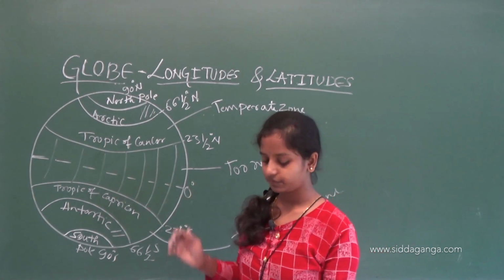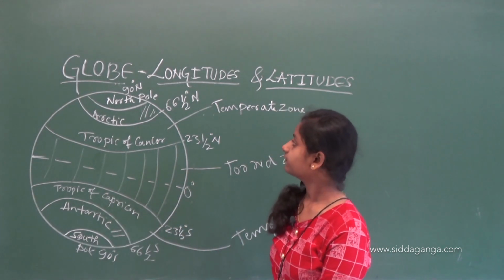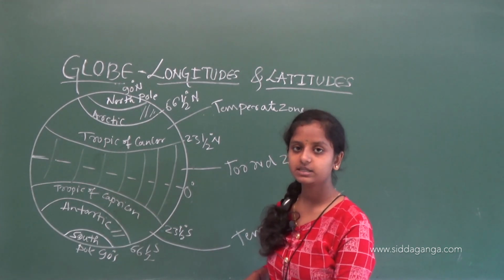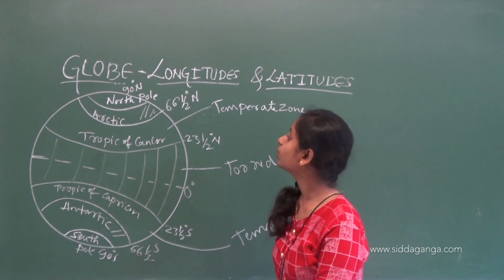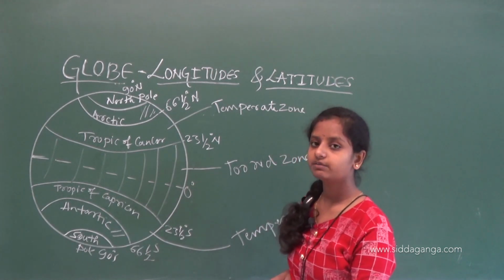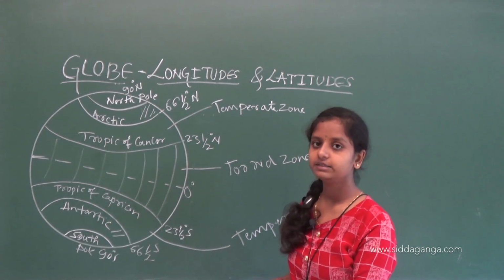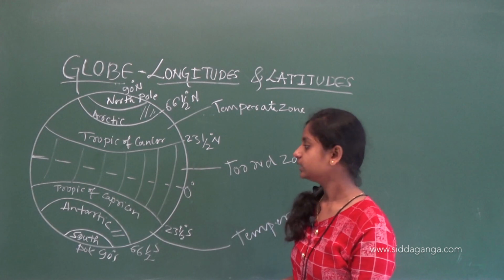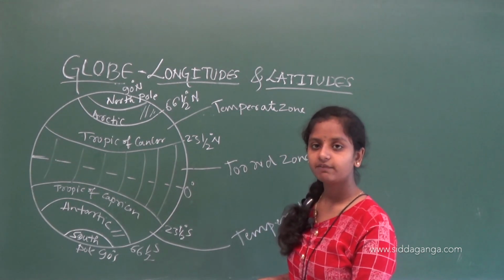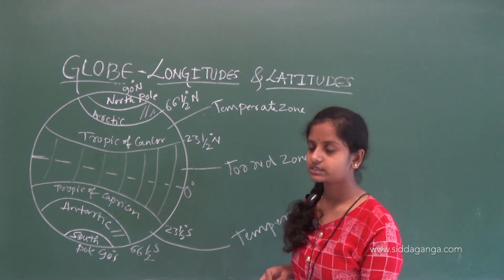So till now we have seen what types of heat zones we can see on earth. This whole earth surface is divided into two equal parts by the equator. This equator, which is 0 degrees, divides the whole earth surface into two equal parts.